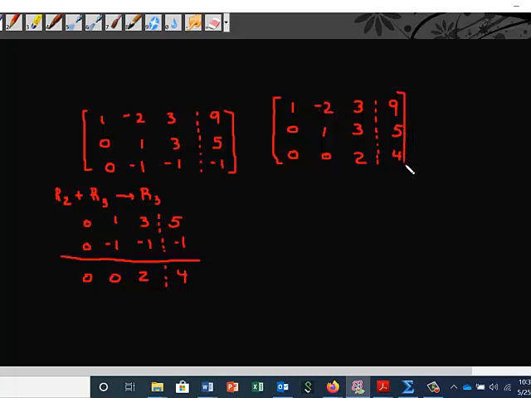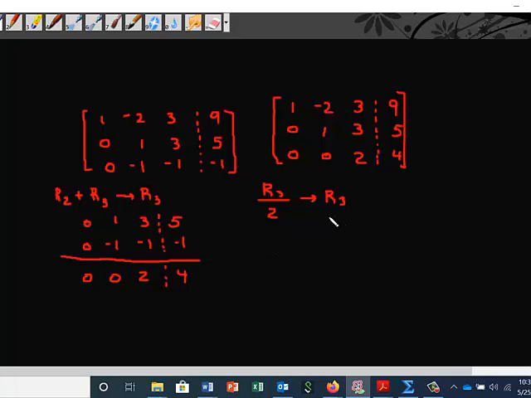Okay, so now we want a 1 in this position. So what do we write? We say row 3 divided by 2 to get the new row 3. Sometimes another way of writing this is 1/2 times row 3 to get the new row 3.